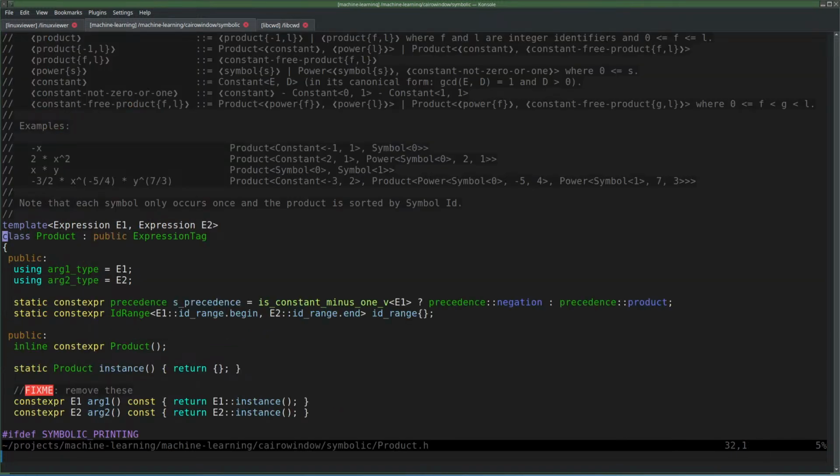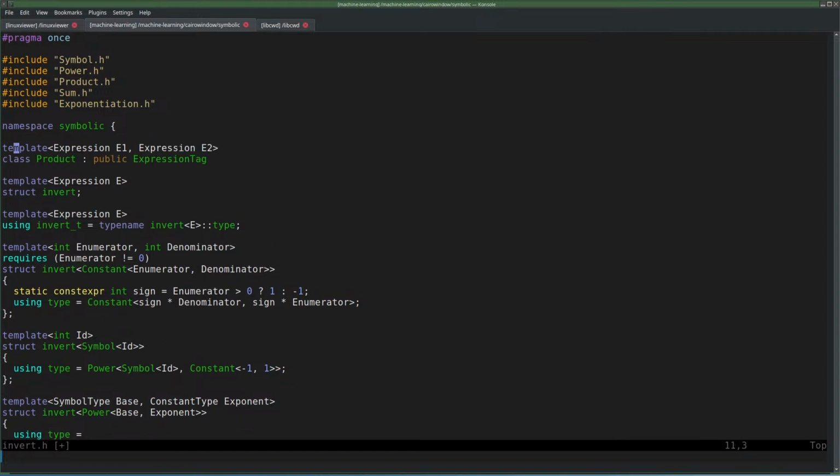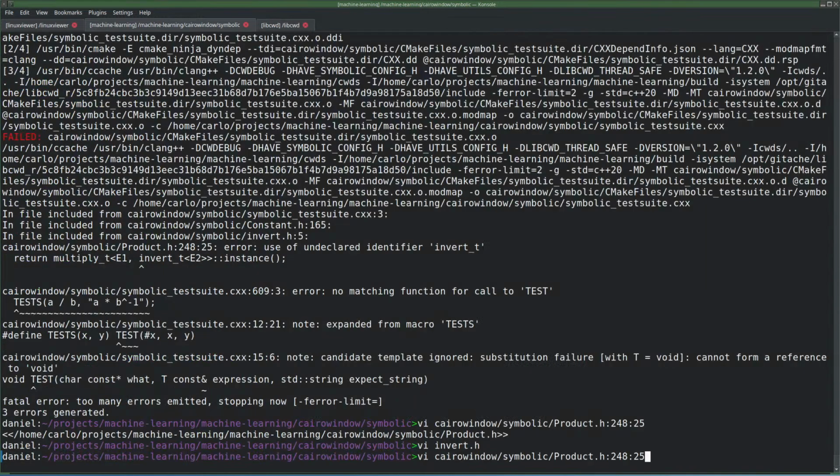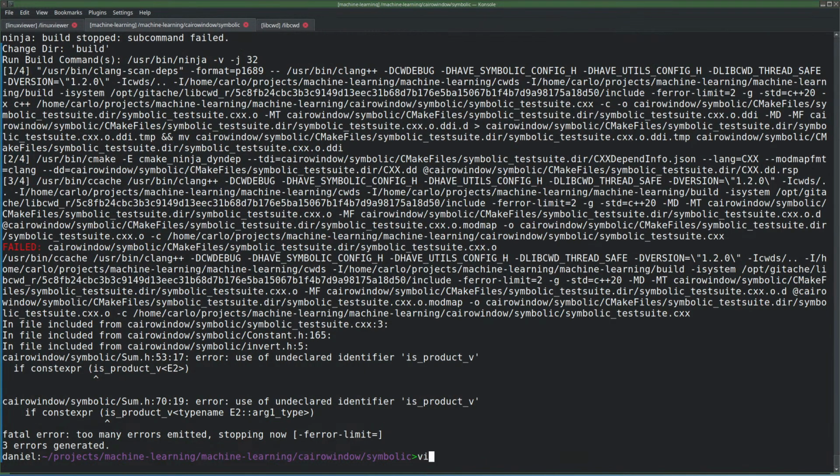Try product first and then the rest. This is the right file. Forward declaration of product. Yeah, but I don't know what this product is.